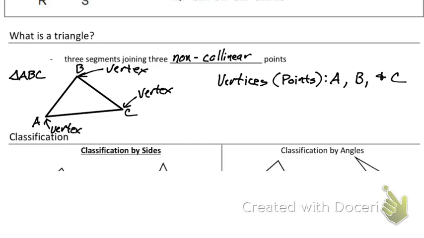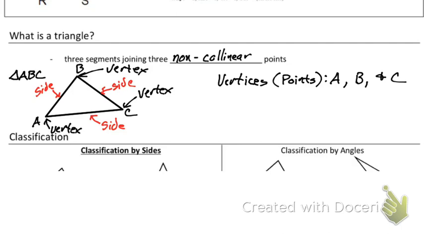And then what connects our vertices to each other are going to be your sides. So you have three sides. That's a side. That's a side. That's a side. Some of you need to really pay attention to what I'm about to write now. Several of you on the test, when you got to the part where you had to list the sides of a triangle, just did a point, or you needed to have a ray, and a lot of you lost a point because you labeled it wrong. You knew what the side was, but you labeled it wrong.